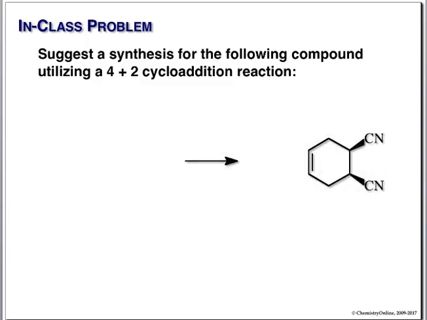All right, here we have a flat guy with some wedges. Now the wedges make it even simpler. We look at this, they're both coming towards us. Obviously, they're on the same side. They're obviously going to be cis. So we'll draw the structure of our dienophile.